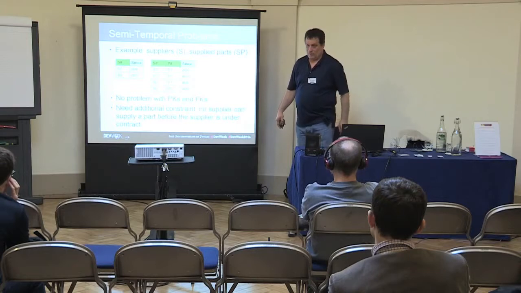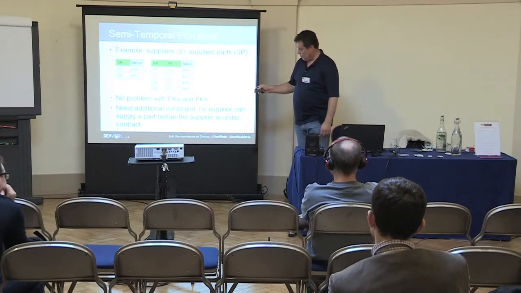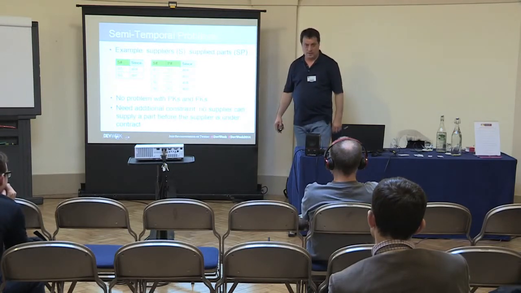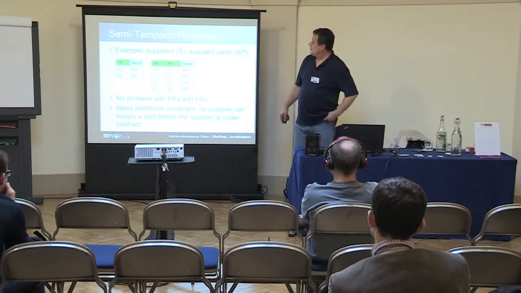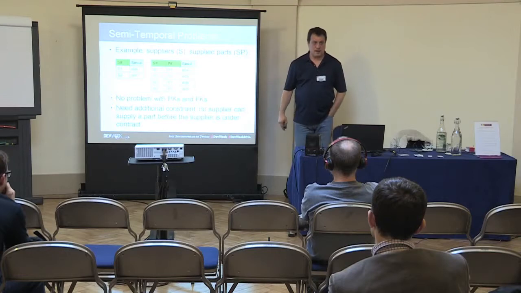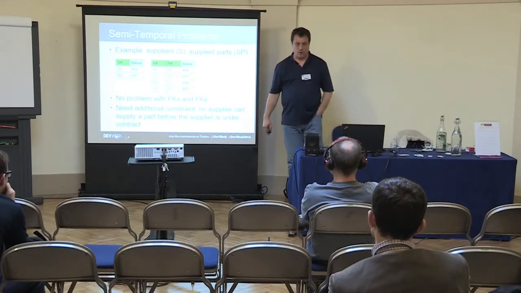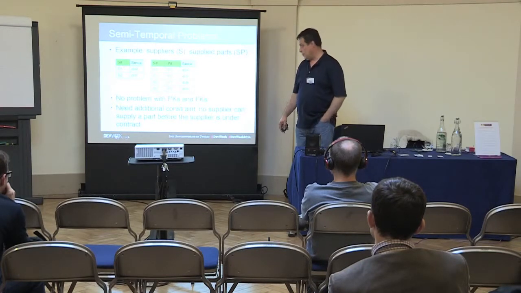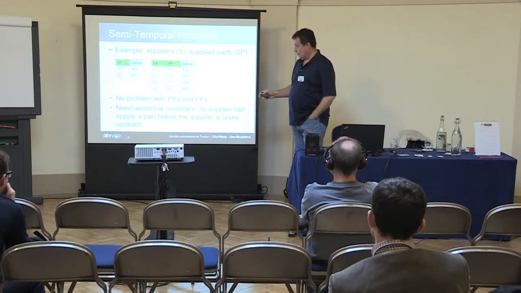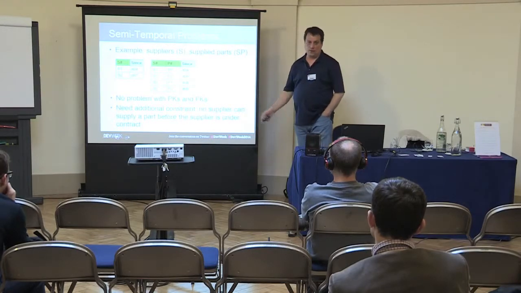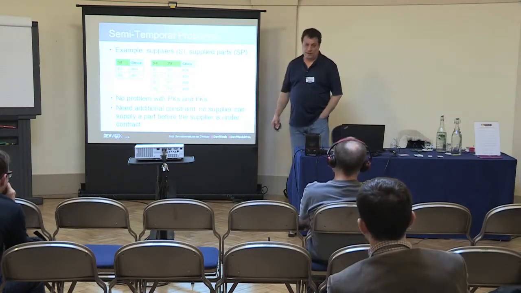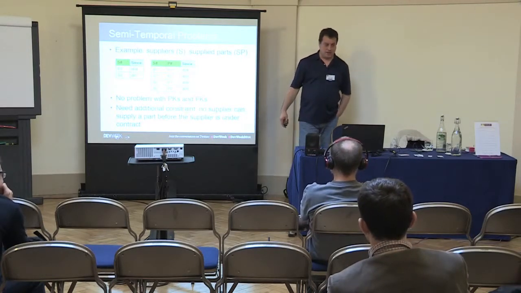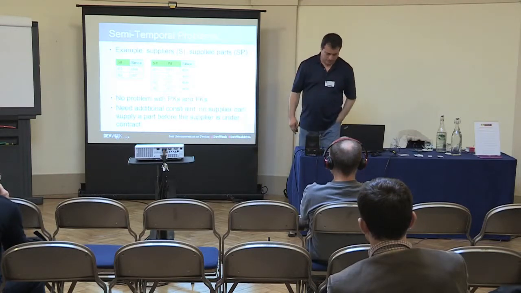But in order to simplify the explanation, I will focus only on these two tables. So these two tables have time propositions, however closed only on one side, so we have a semi-temporal problem. So we have supplier ID, which is the key of suppliers, and we have supplier part, or supplier product, which is the key of this supplier products table.